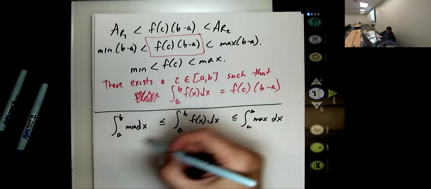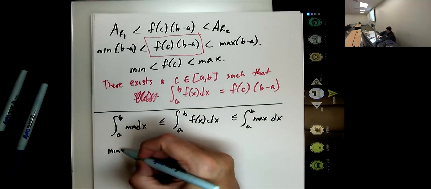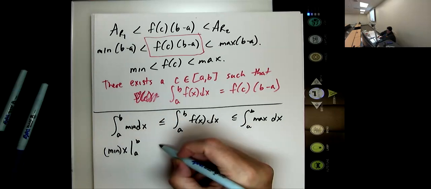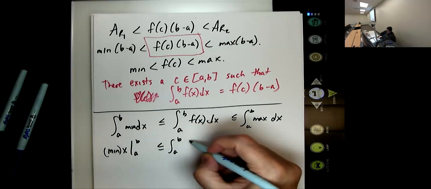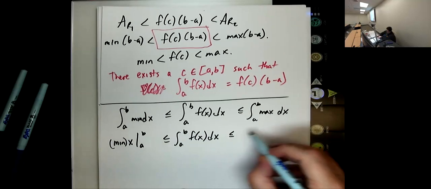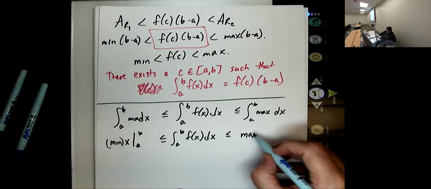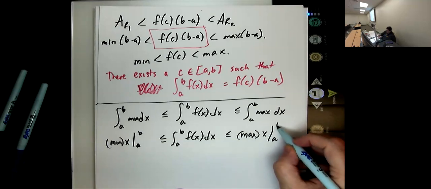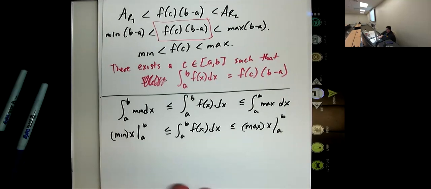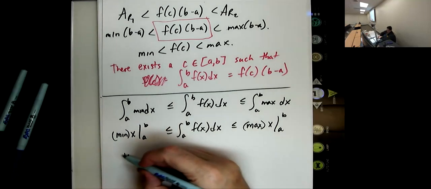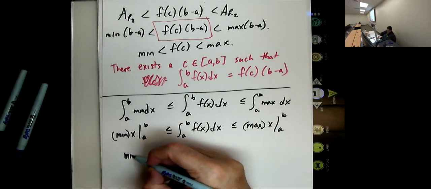If I integrate this though, this is min times x evaluated from a to b. We're not evaluating the middle one. And this will be max times x from a to b. This is where we get min times b minus a.